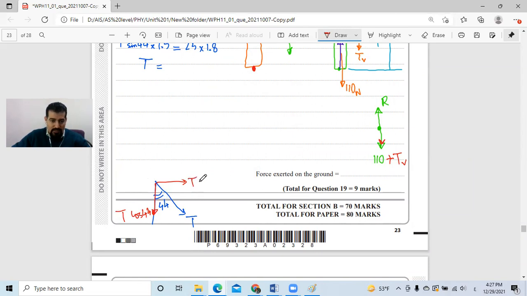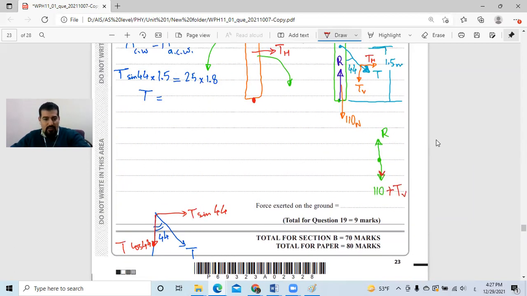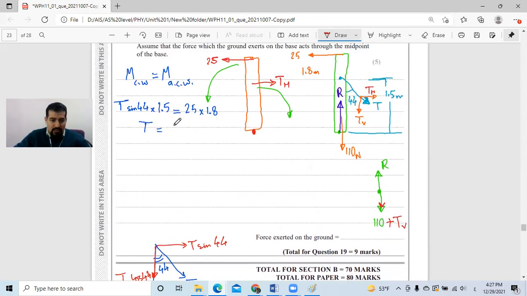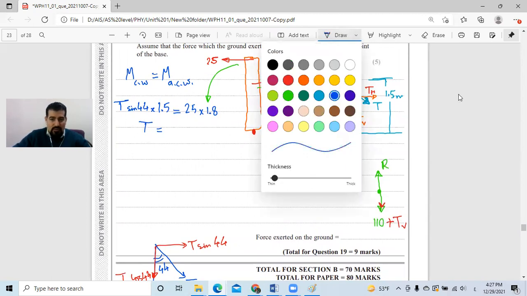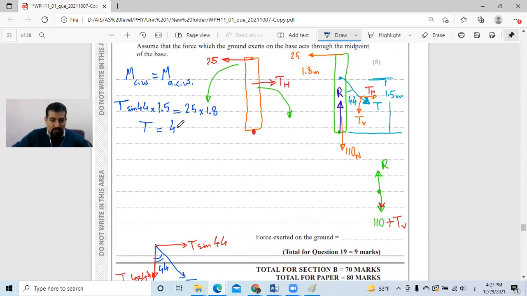The one horizontally, I'll write T sine 44. You have to know this. Okay? Now let's go back to our question. So T equals how much? Thank you Hamza, it came out as 43.2 Newton. Thank you Nour, thank you Amir, bravo.